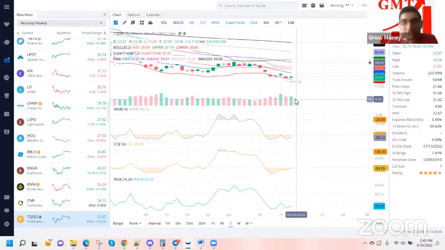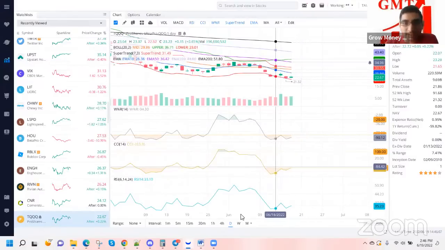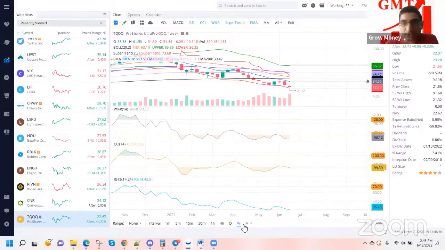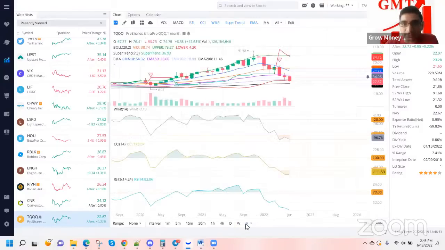Again, this reversal which we are expecting is only because the indicators are in oversold region, and although long-term bearish trend is still continuing, we expect a short-term reversal. So the indicators are out of oversold region before it continues further on in the downtrend based on the weekly and monthly trends.